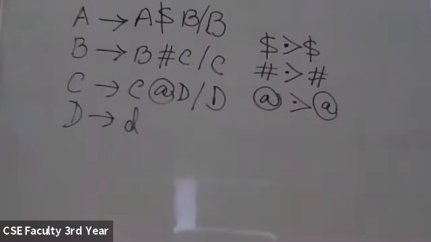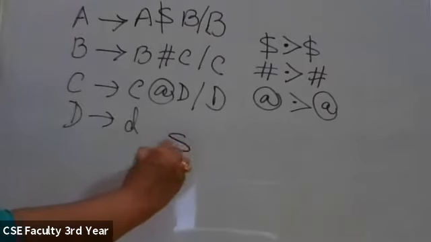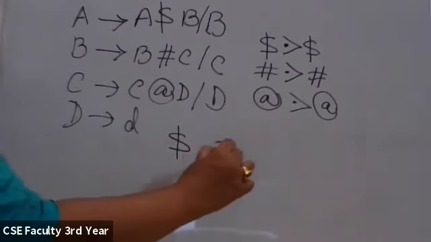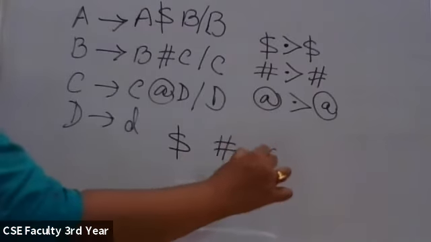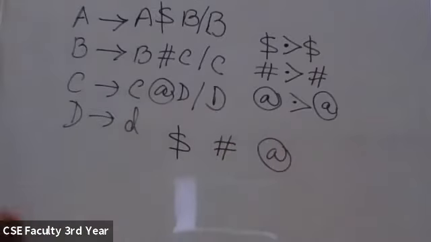Now talk about the precedence. Okay, I have written dollar, hash and at the rate. Now tell me the precedence. Ma'am, at the rate followed by hash followed by dollar.